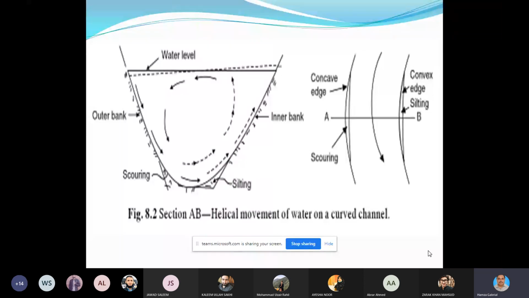Otherwise, you will see the tilted water level. So the sediments from the outer bank are eroded and deposited on the inner side. This is due to the helical movement of water while it is negotiating a bend.